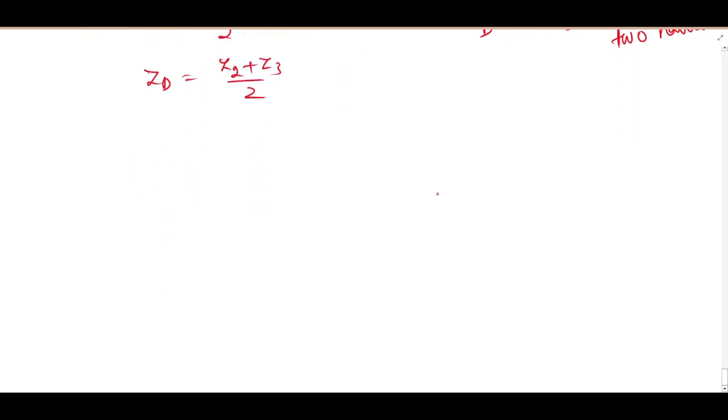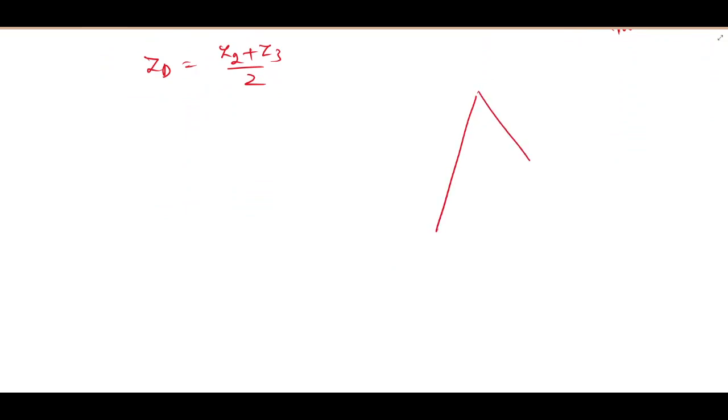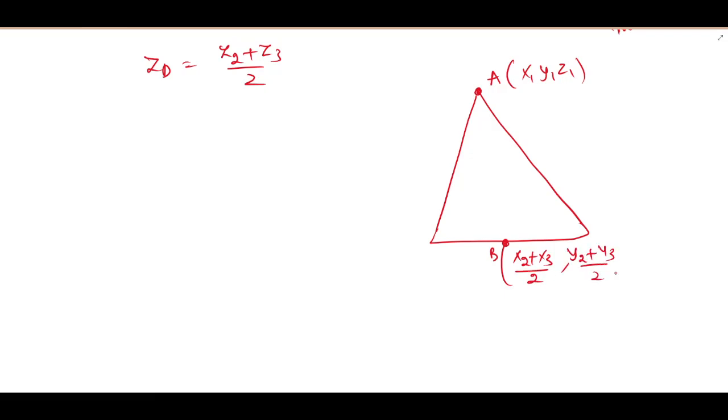So now we have the coordinates of point A as (x1, y1, z1) and the coordinates of point D as ((x2 plus x3) by 2, (y2 plus y3) by 2, (z2 plus z3) by 2).